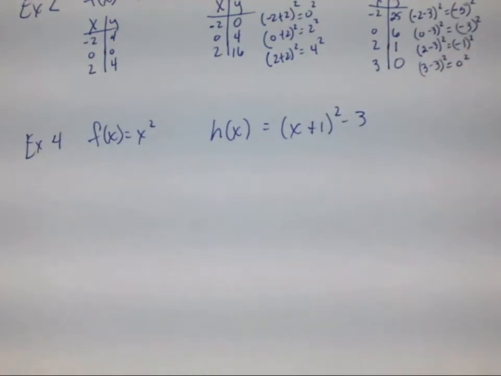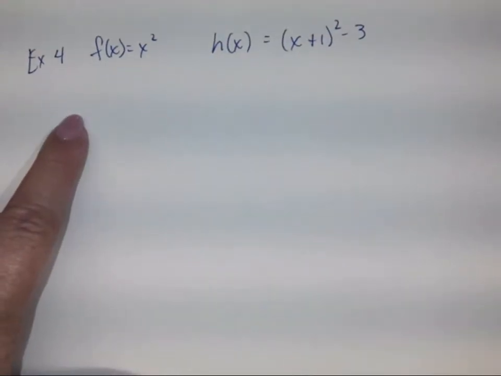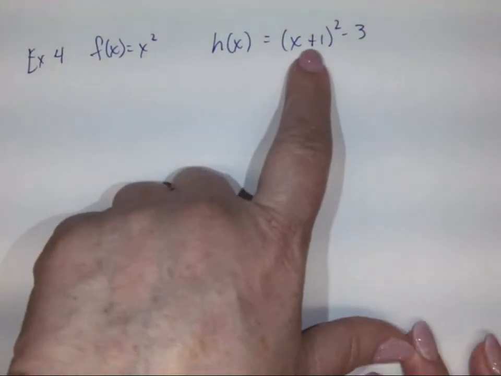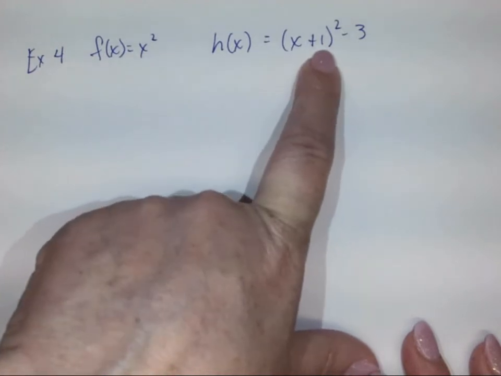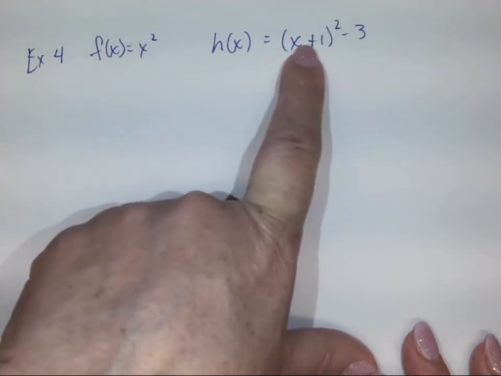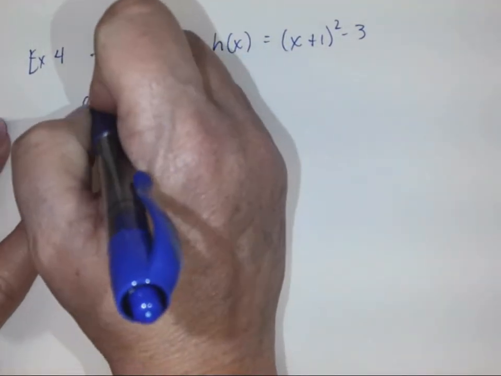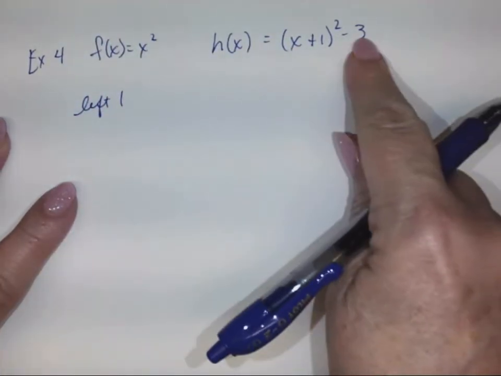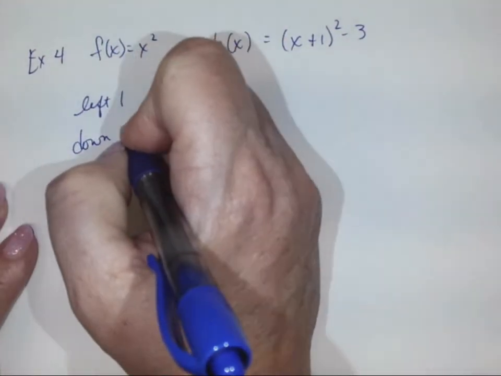So we're doing a couple of things that happen. What we want to do first is figure out what's happening with our graph. So what's happening here, it's on the inside, so that tells us it's going to move by 1, but because it's on the inside, it goes opposite of what we think. So it's going to go left 1, and that negative 3 will tell us it will go down 3.